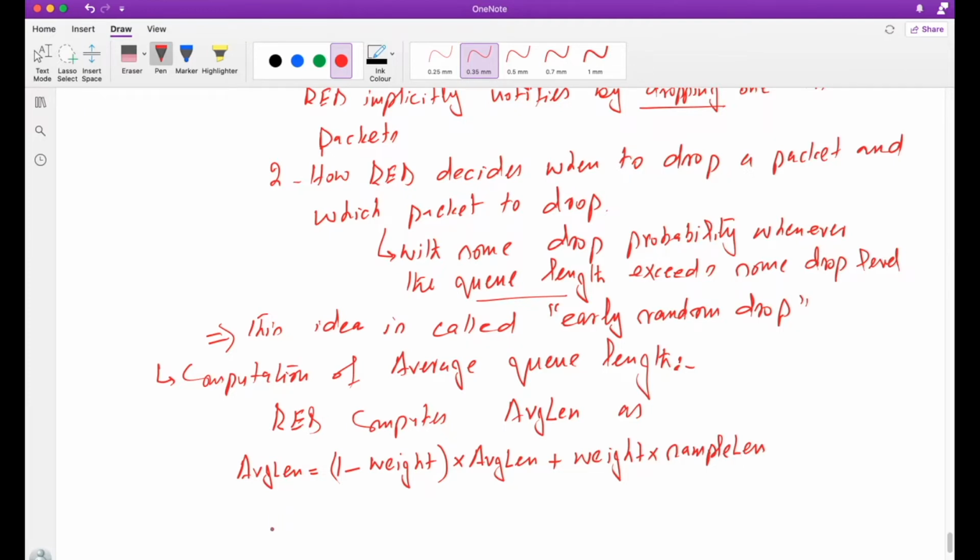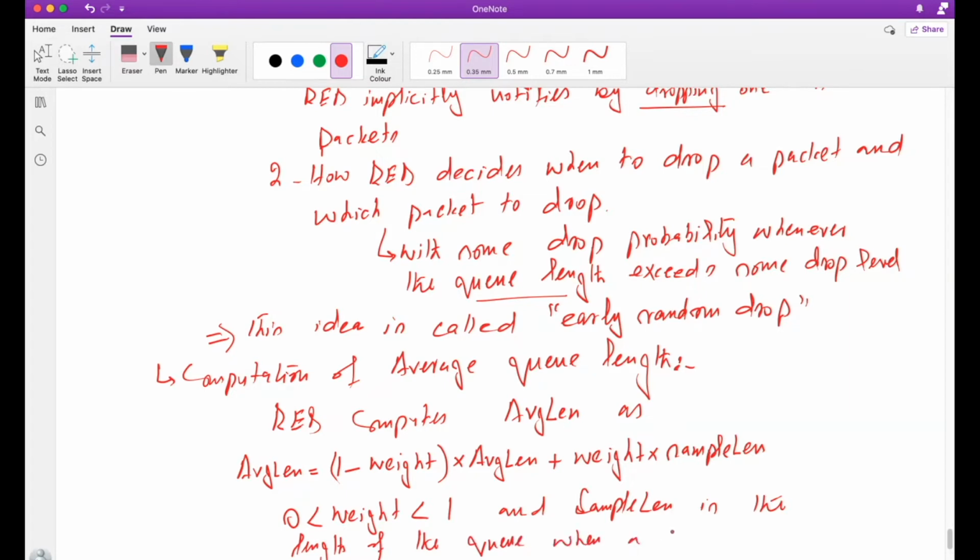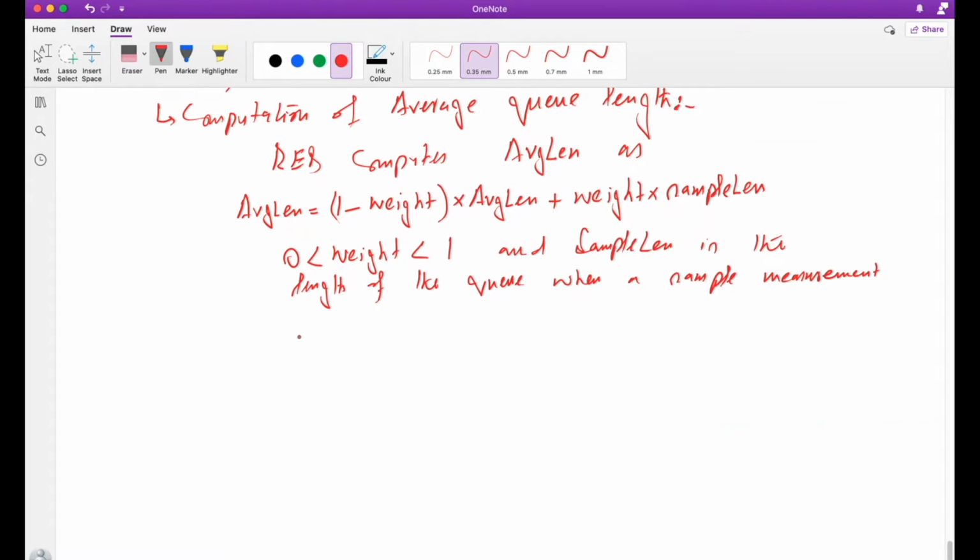So in this formula, the weight is between 0 and 1, and the second parameter is the sample length, which is the length of the queue when a sample measurement is made.